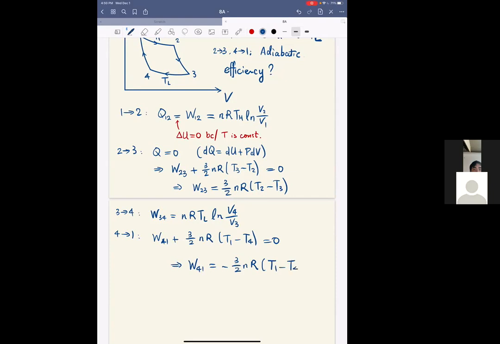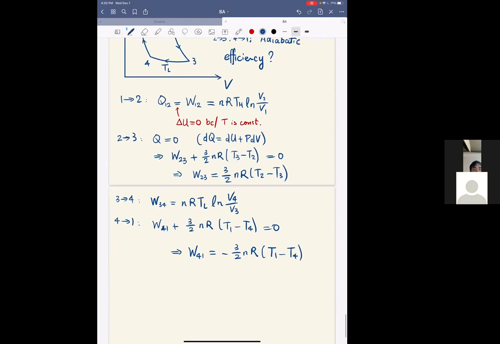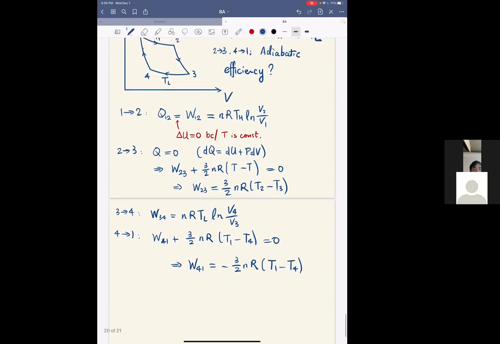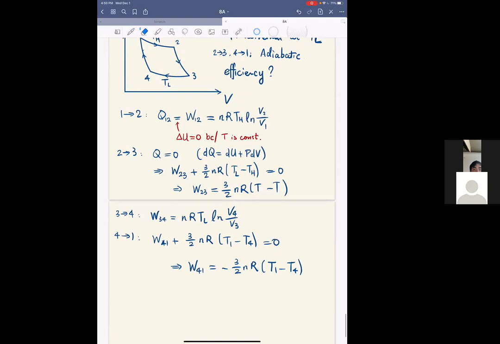Actually, we know what T3 and T2 are. T3 is just TL, T2 is TH.